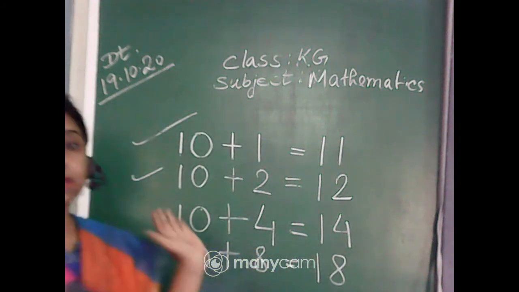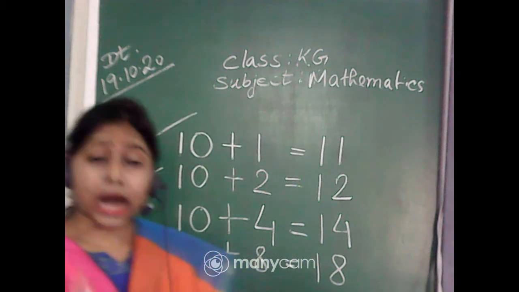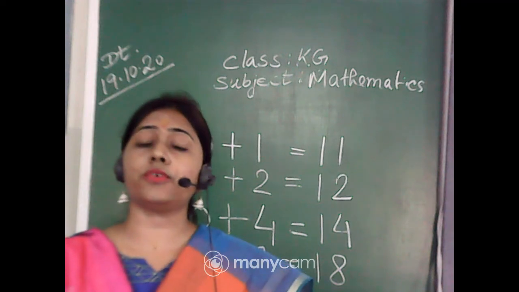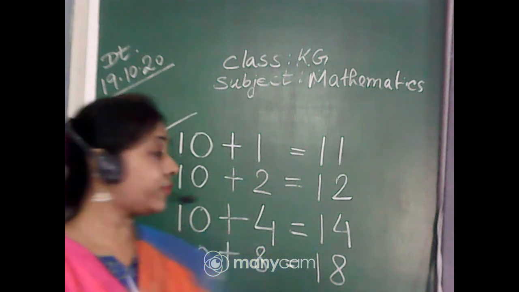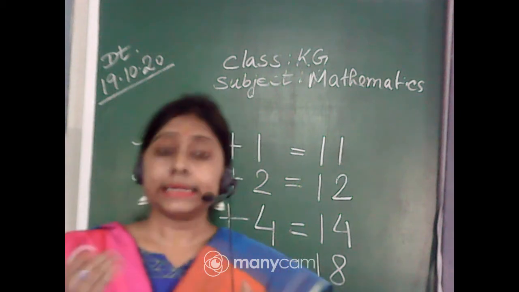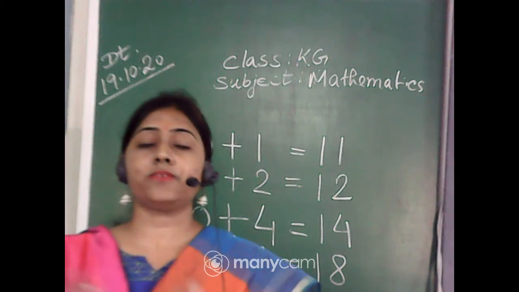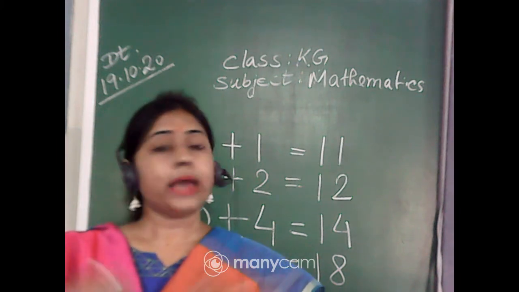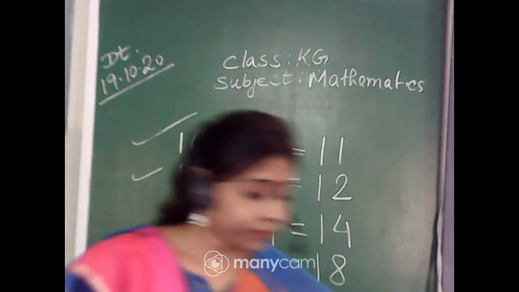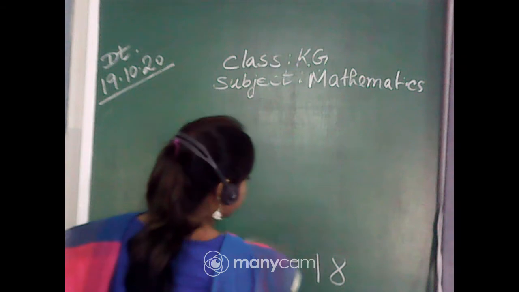Okay, so did you understand how to count 10 plus 1, 2, 3, 4? First you will find out which is the smallest number. Then after 10 you will count those fingers, or that number, and you will get the answer. Okay beta? So today we will work from your book.